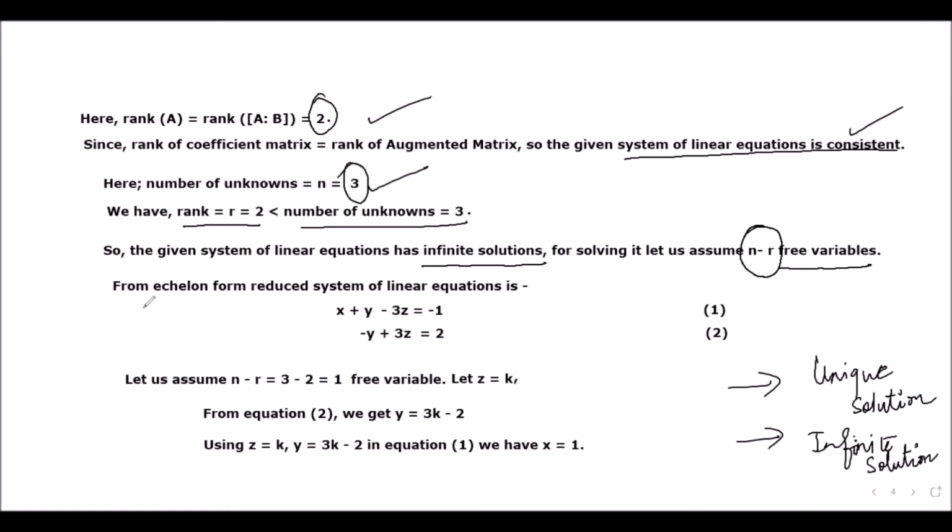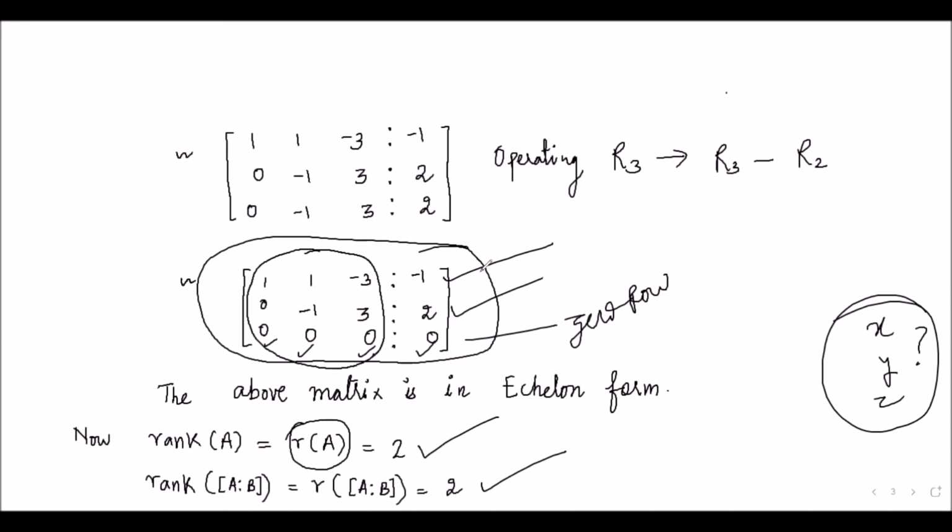From the echelon form, we can write down the reduced system of linear equations. How will we write this reduced system from the echelon form? From the first row, we write the first equation. In this first row, the coefficient of x is 1, the coefficient of y is 1, and the coefficient of z is minus 3.